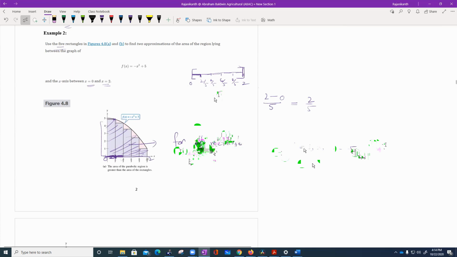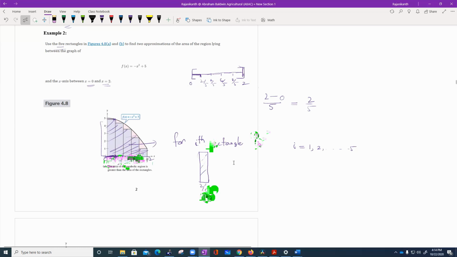That means the ith rectangle will be like this. Remember the class width for each rectangle is the same, which is 2 over 5. No change in the length, but the height will be changing, right? So now you remember for the first rectangle, the right end point is 2 over 5.